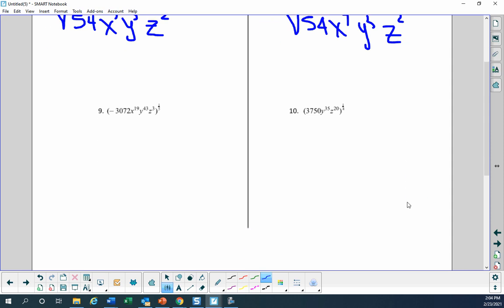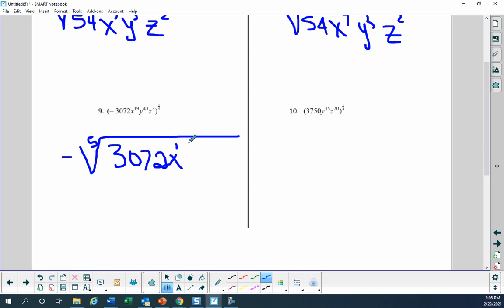All right, number 9. It's negative, right? So I'll just keep the negative outside just to make my life easier. So I got 3072 x to the power of, this is to the 5, 1/5, okay.